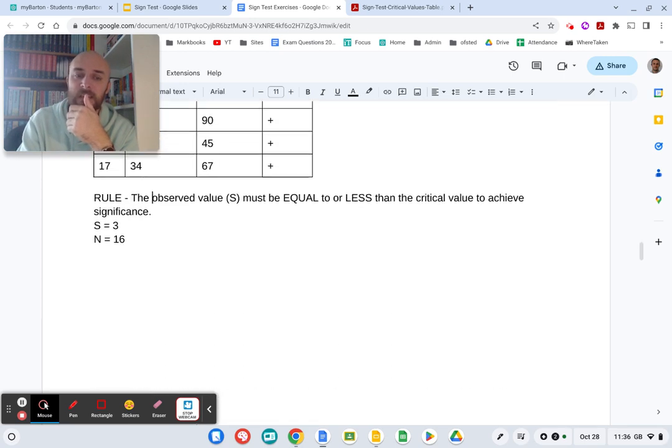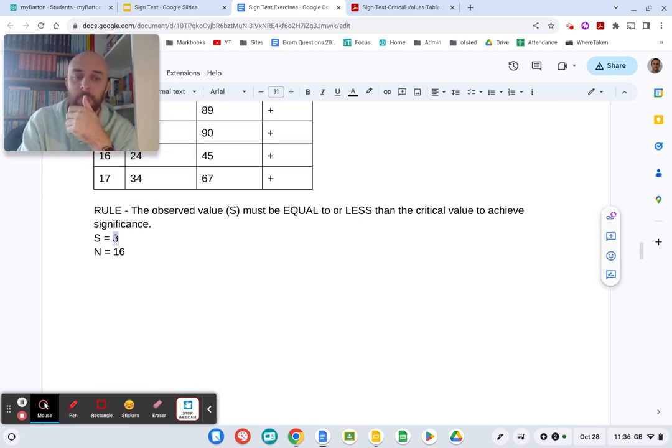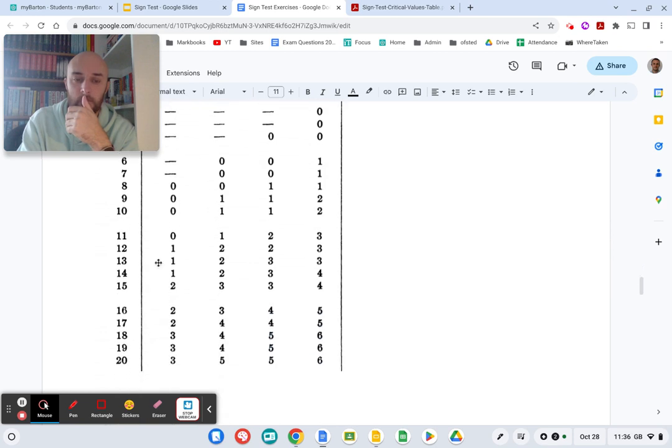So as you can see here, S is 3, fine. Well, we're 95%. But if we go to 99%, we don't have that significance because it's a 2, and we need 3 to be equal to or less than 2, and 3 is not equal to 2 or less than 2. It is more than 2.